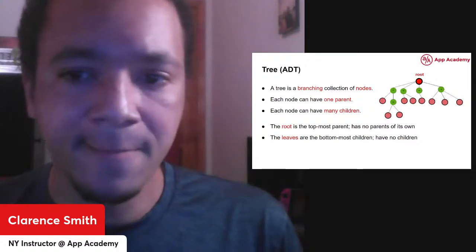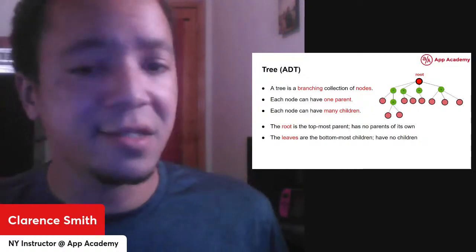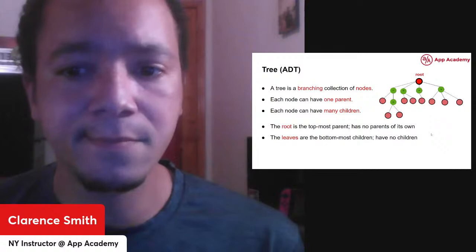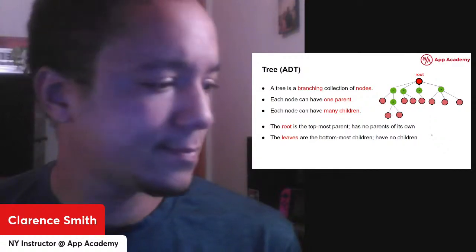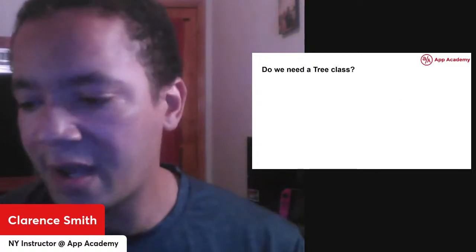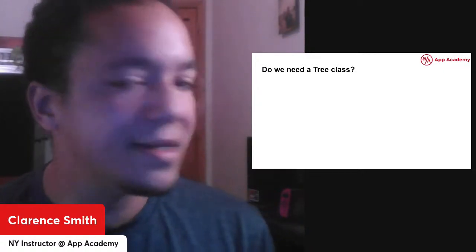All right. Let's learn a little bit more about this particular tree and how we can interact with it. Similar to how we made a class for stacks and queues, we're asking the question right now, do we need a tree class?